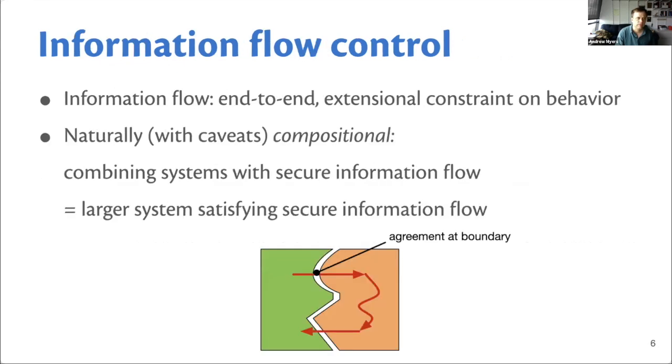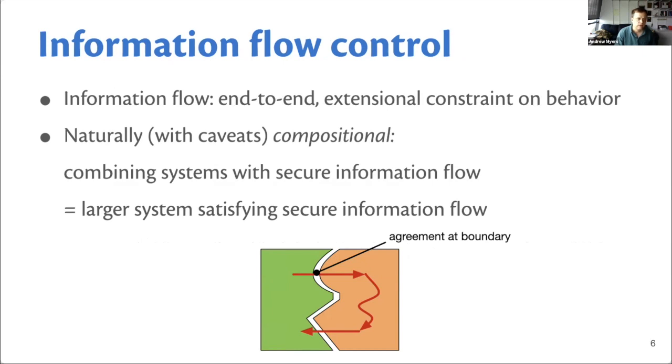So we want to control the flows of information from untrustworthy sources of information to destinations that should be more trustworthy. And the nice thing about this perspective on computer security is that it is fundamentally compositional. Information flow is talking about an end-to-end constraint on how the system behaves.